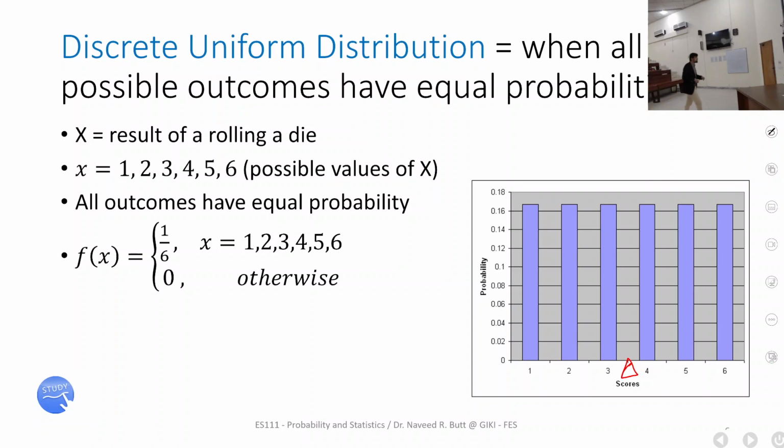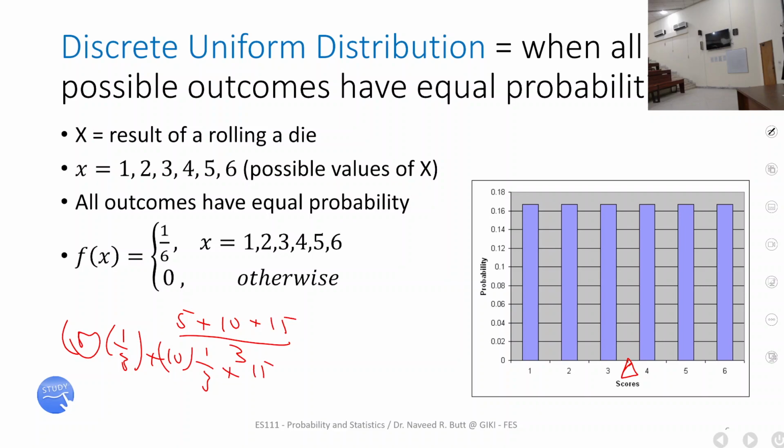So basically 5 plus 10 plus 15 divided by 3. Actually you are saying 5 has a probability of 1 by 3 plus 10 has a probability of 1 by 3 plus 15 has a probability of 1 by 3. This is how we write our mean.